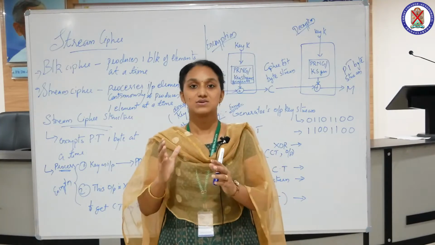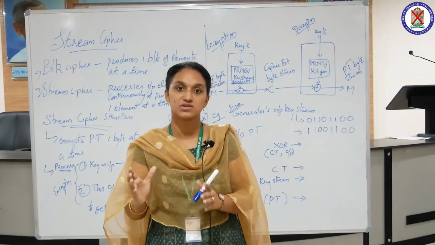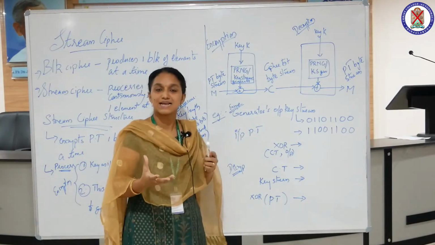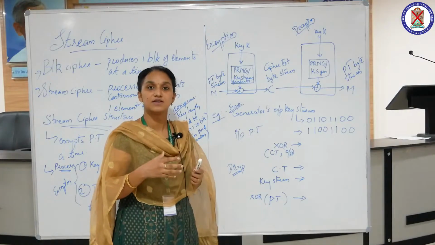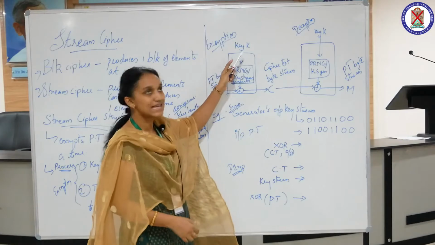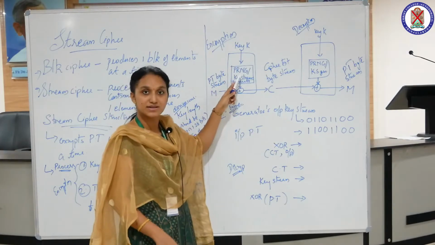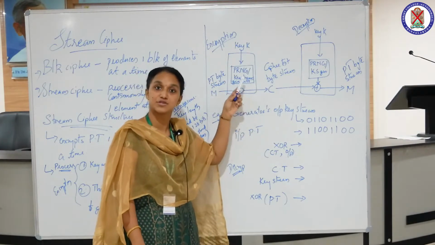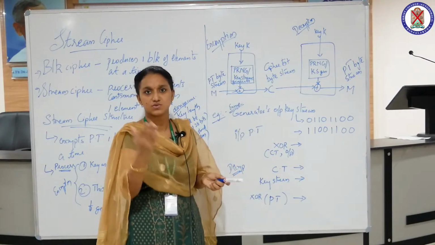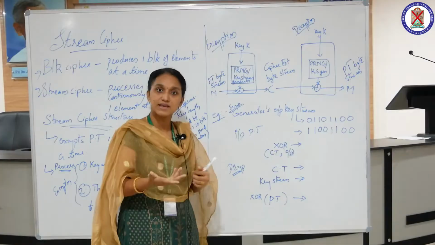Now let's see what the stream cipher structure is. This is the process that happens in a stream cipher, both the encryption and the decryption. Let's say you have a key K, and now we are familiar with the term PRNG, the pseudo random number generator, or any key stream generator.